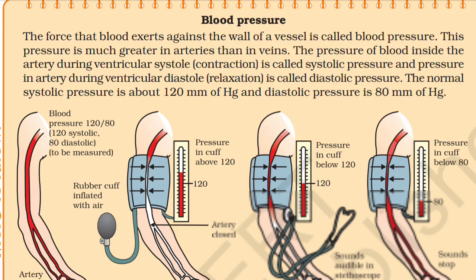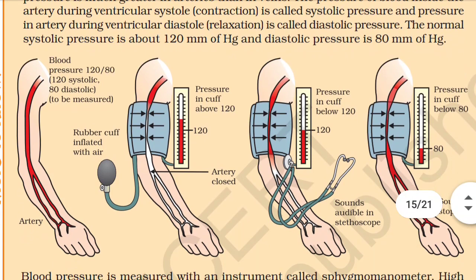The pressure of blood inside the artery during ventricular systole (contraction) is called systolic pressure, and the pressure in the artery during ventricular diastole (relaxation) is called diastolic pressure. The normal systolic pressure is about 120 mm of Hg, that is mercury, and diastolic pressure is 80 mm of Hg, that is mercury again.